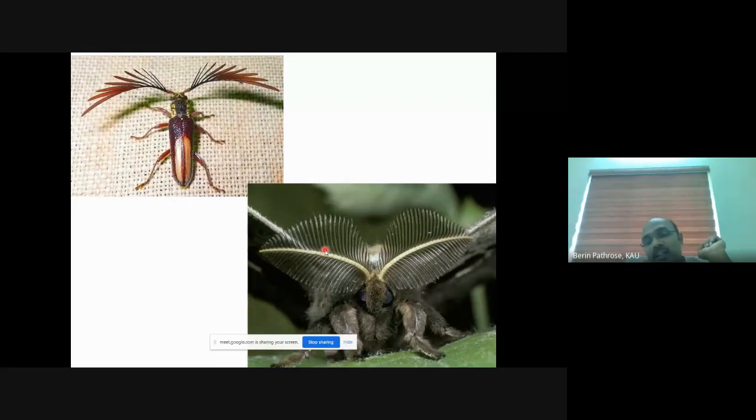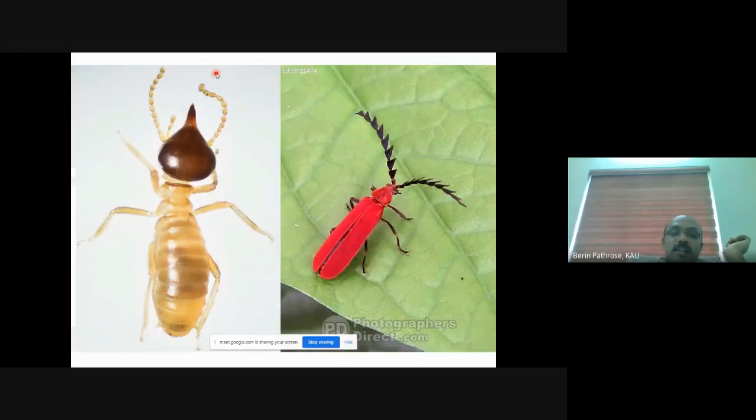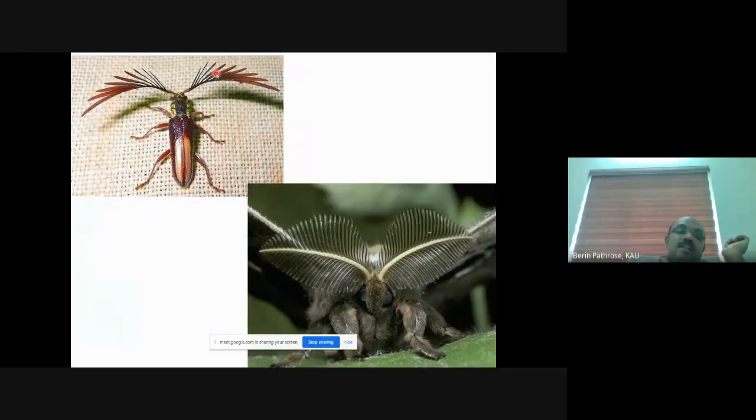If you take any moth and observe, you can see the antenna has slender projections on either side. In unipectinate antenna, you can see slender projections only on one side of the antenna. The example is sawfly. So this is unipectinate and bipectinate antenna.